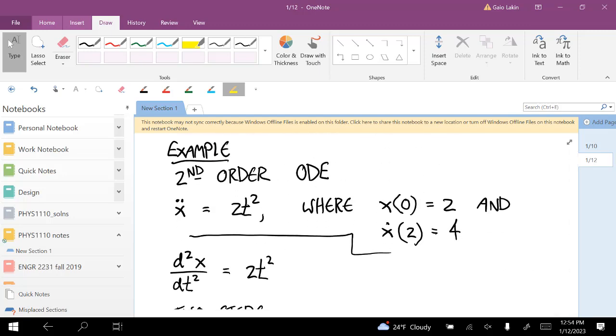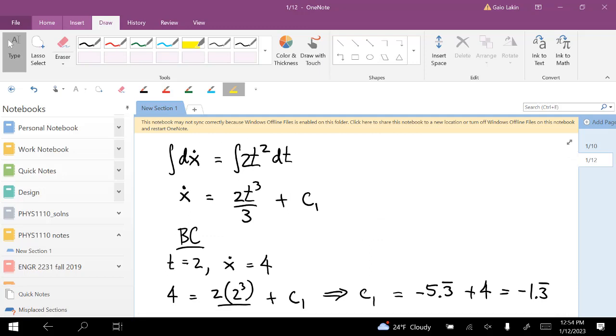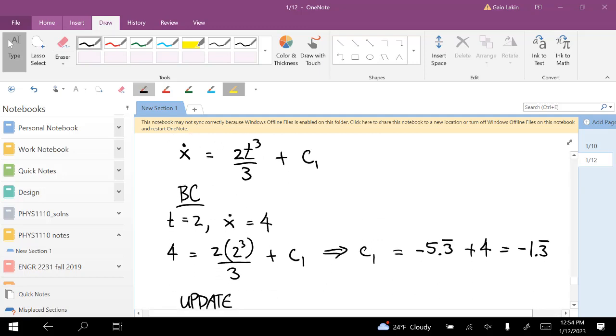Do you think it's possible to do this problem if, say, instead of that boundary condition saying x dot at 2 is equal to 4, what if that boundary condition said x at 1 was equal to 8? How do you think we would approach something like that? Because notice, then after our first step, we couldn't have used either boundary condition. Do you see that? Well, maybe depending on when we get x double dot.